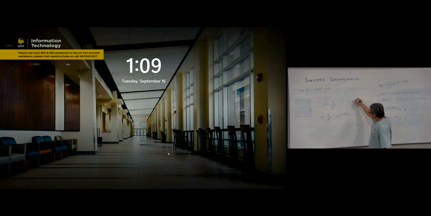6.6 times ten to the negative 34. 6.6 point what? 66. Order negative 34. Unit: joules per Kelvin? I don't think that's right. I think the unit should be that of angular momentum.